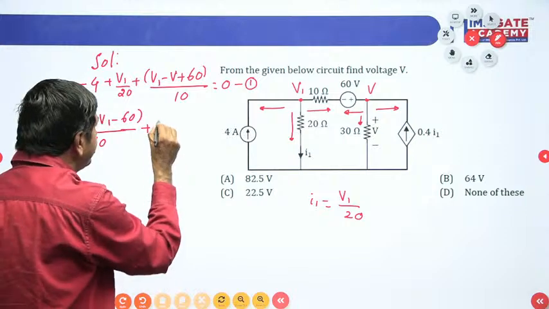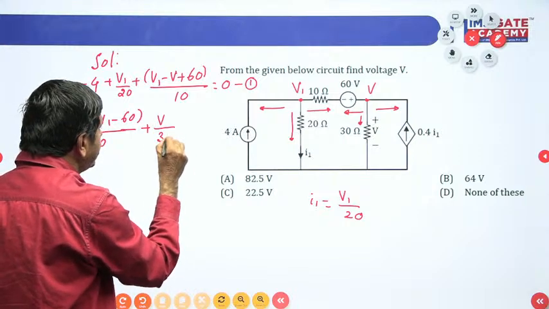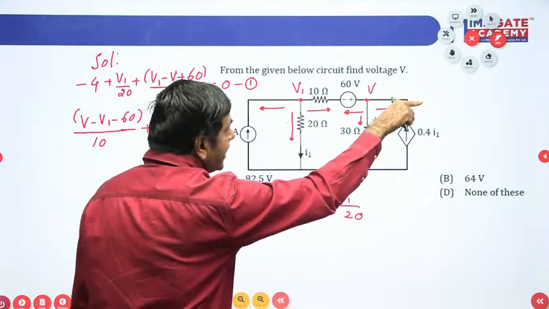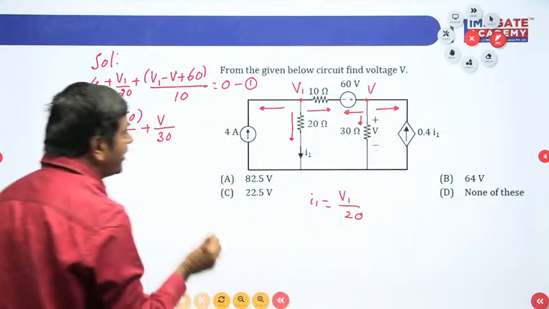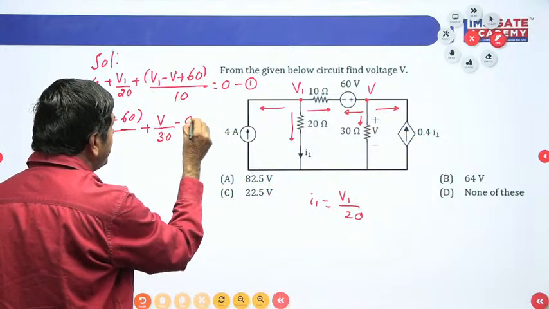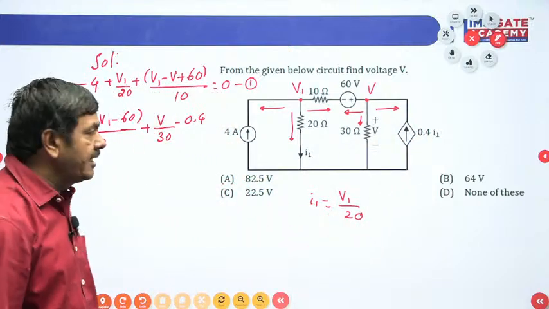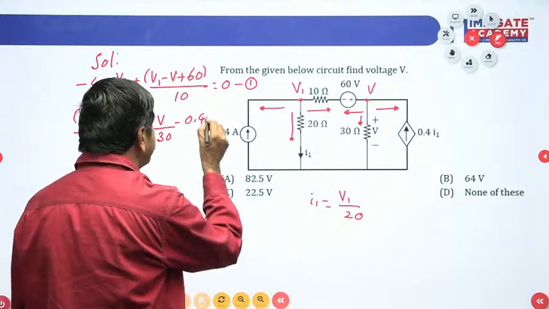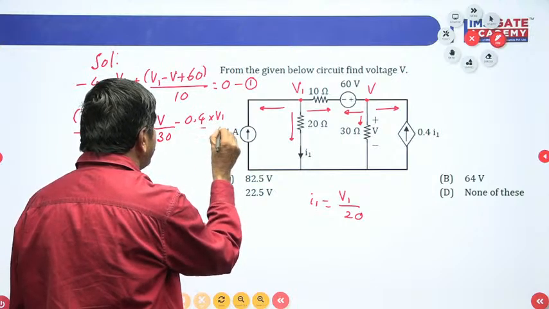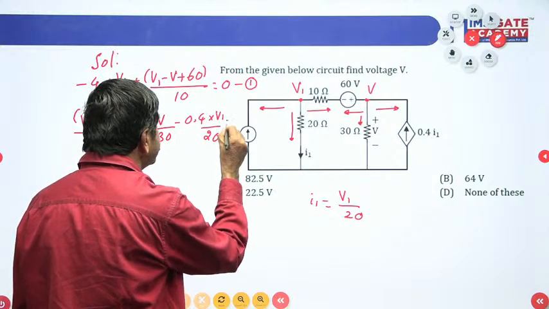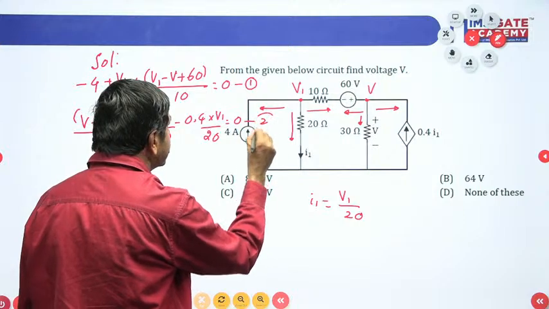And this side current is nothing but minus 0.4 times I1. I1 is given here as V1 by 20. V1 by 20 directly I can put, this is equal to 0. I want to take this as equation number 2.